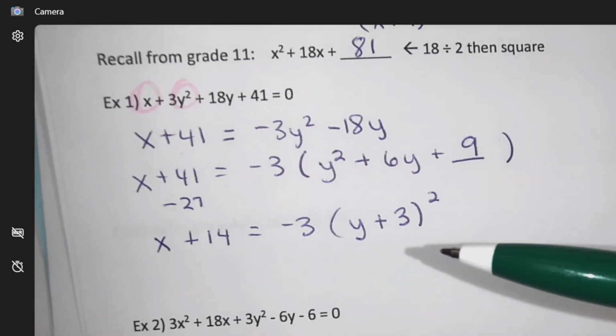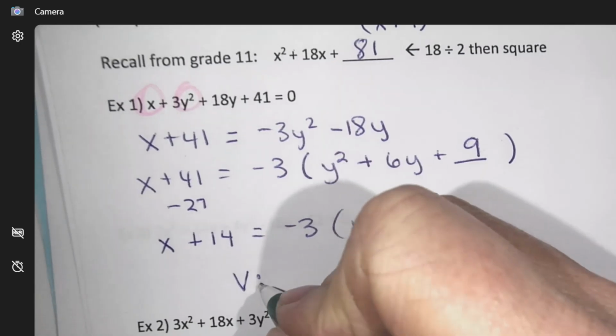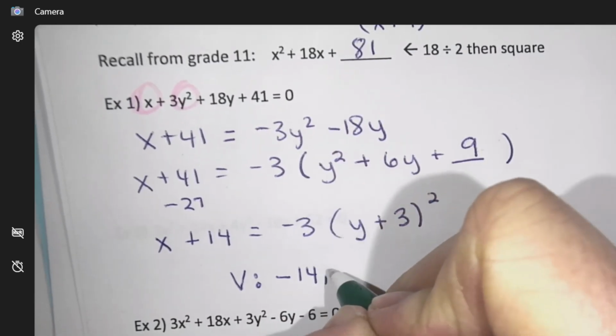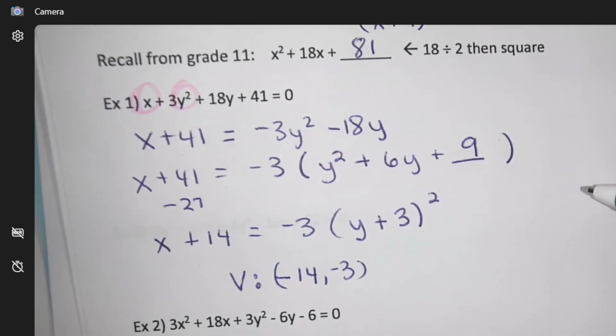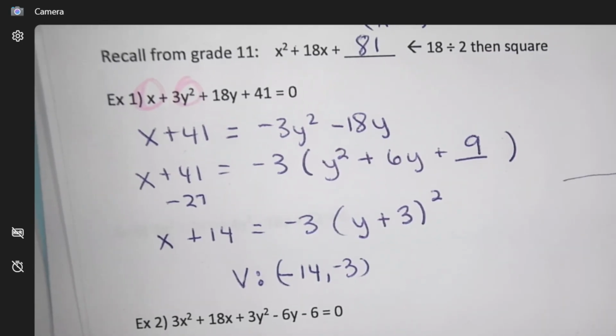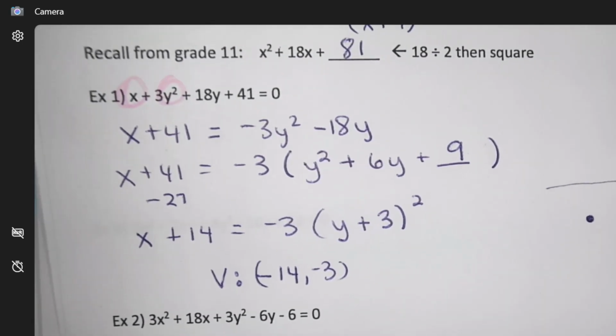Okay, so what would this kind of generally look like? Where is the vertex? Negative 14, negative 3. I'm just going to draw like a super general picture here. Negative 14, negative 3. And which way does it go? Up, down, left, right.